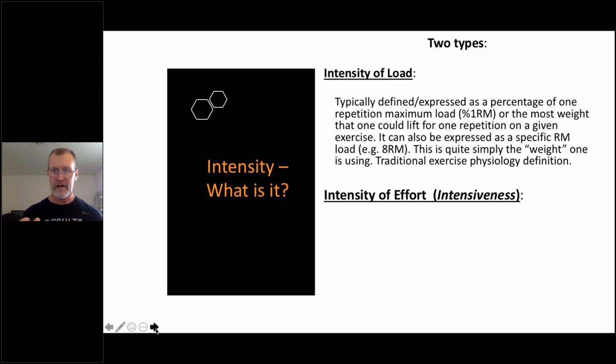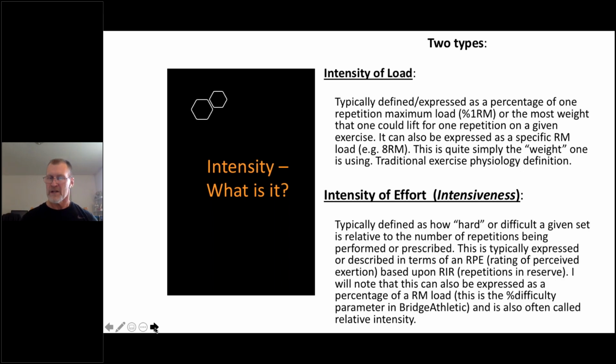And this is a little more nebulous and squishy. I've grown fond of the term intensiveness to differentiate between the 2 types of intensity, because that really implies the connotation of effort. This is typically defined as how hard or difficult a given set is relative to the number of reps being performed or what were prescribed.